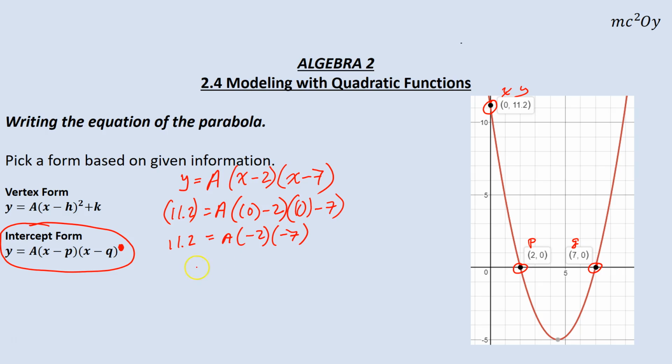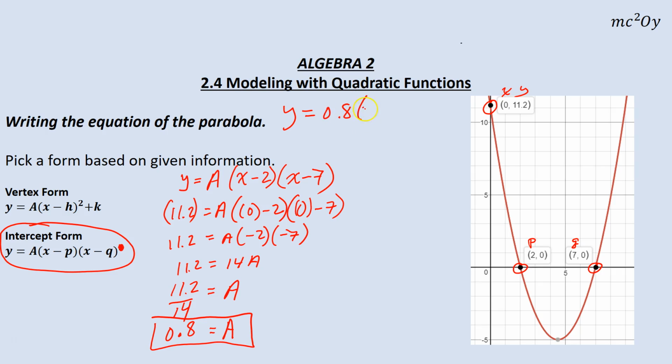Okay, -7, which ends up being 11.2 equals 14a, and so a is equal to 11.2 over 14. Kind of an ugly fraction there, so we'll call that a is equal to 11.2 divided by 14, 0.8. Okay, so a being 0.8, we have y equals 0.8 times x minus 2 times x minus 7. That is our equation for that parabola.